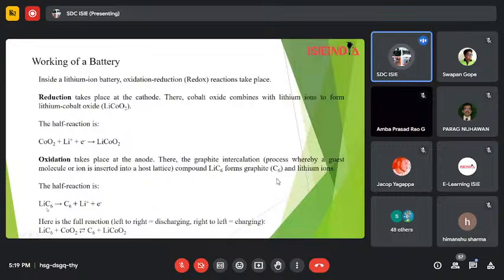So you can see this lithiated carbon will be diverse into C6, meaning graphite, plus lithium plus electron. This electron will be transferred from the external circuit as I have shown you. This lithium ion will get transferred from the internal circuit. So this will be while discharging and this will be while charging.